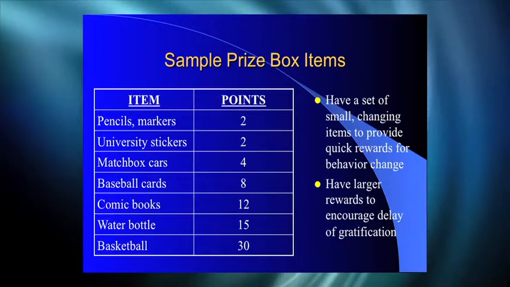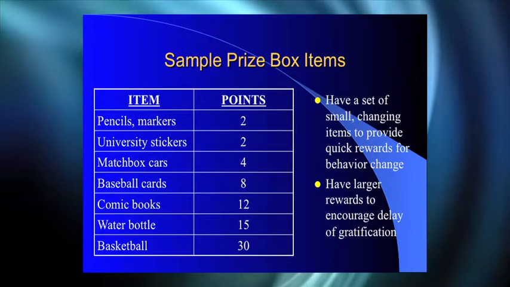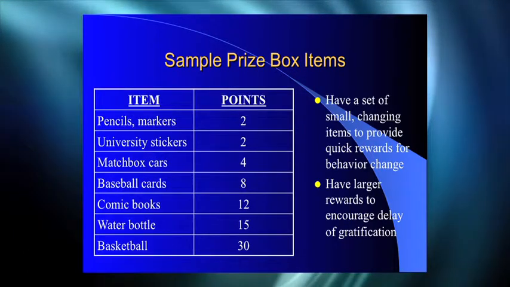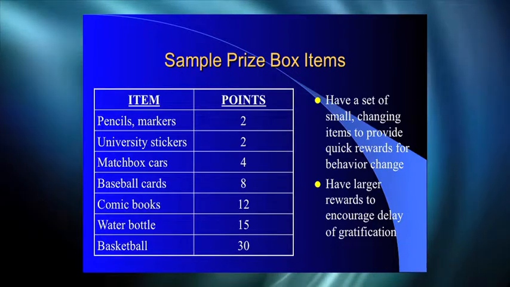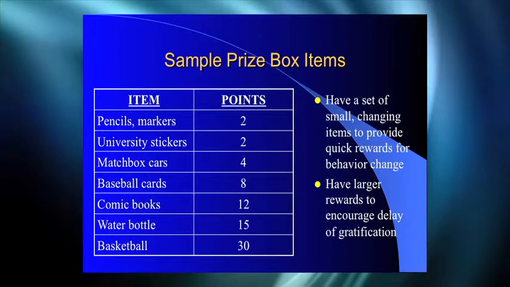Often school supplies, things like pencils and erasers, we set at a really low level so they can earn that each time. And then we try to have a range of larger items, sports equipment or water bottles.